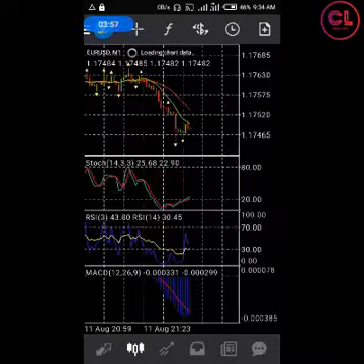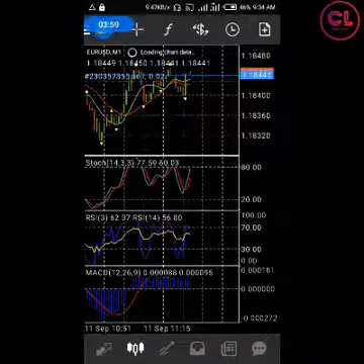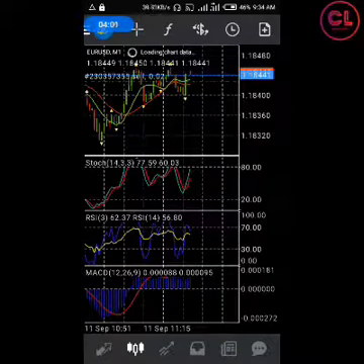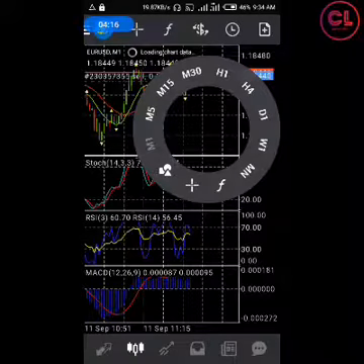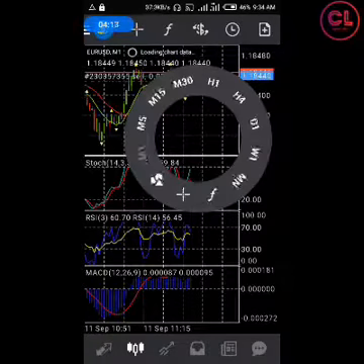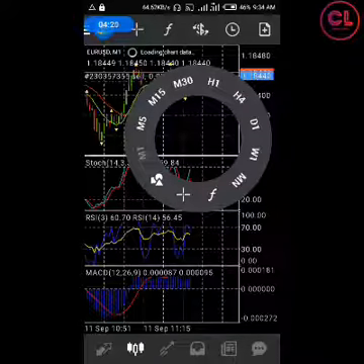So M1 means 1 minute time frame. M5 is 5 minutes. M15 is 15 minutes time frame chart. M30 is 30 minutes time frame chart. H1 is 1 hour time frame chart. H4, it goes on like that, H4 is 4 hours.